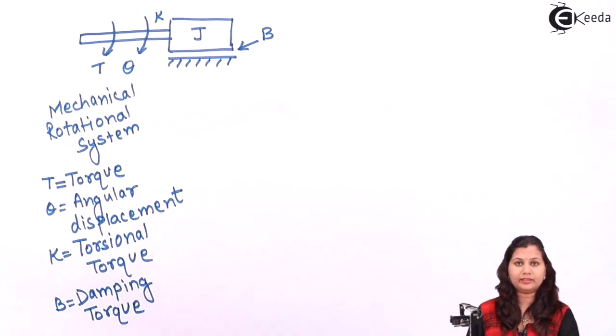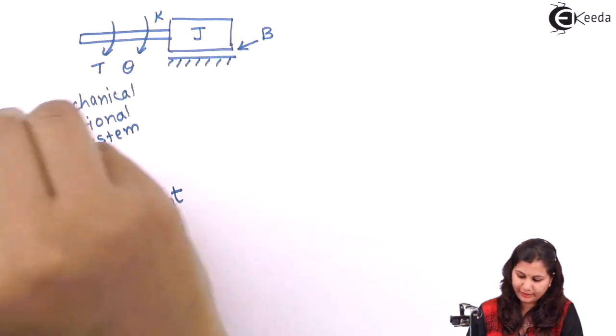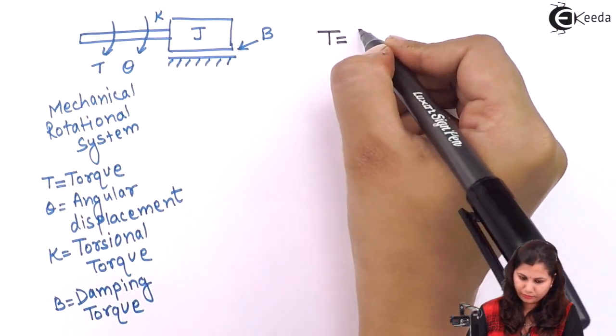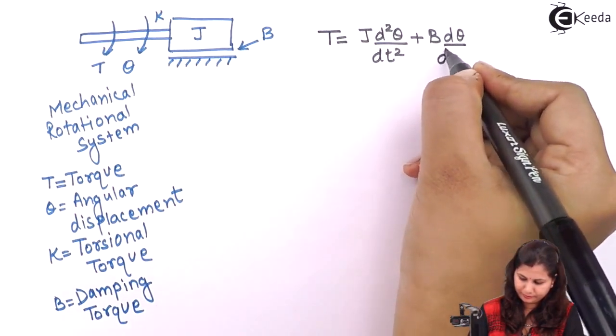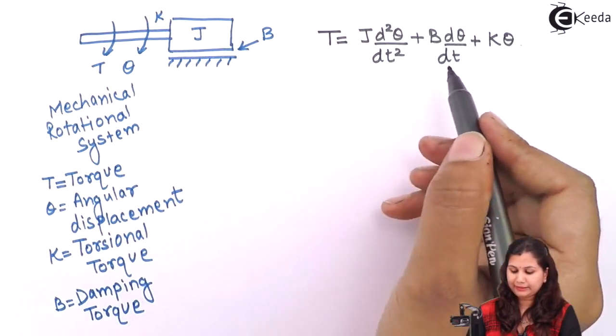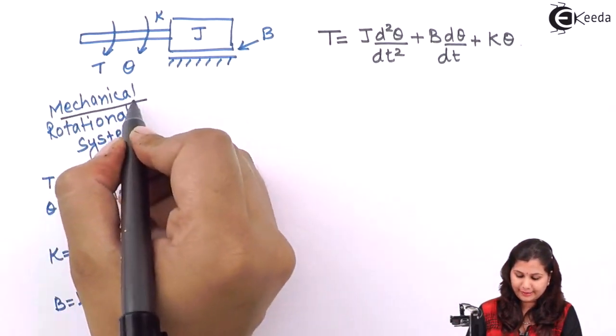So if we write the equation for this mechanical rotational system, we will get torque equals to, so this is the mathematical representation of this mechanical rotational system.